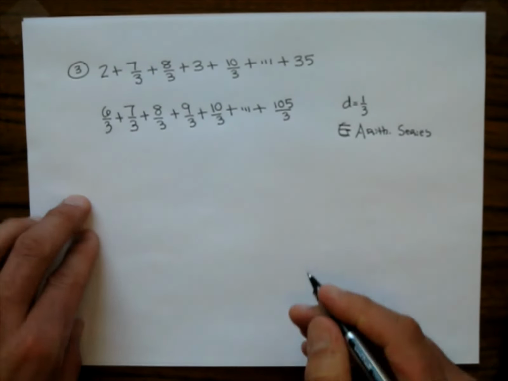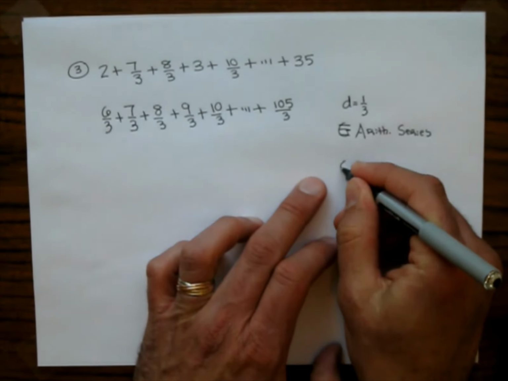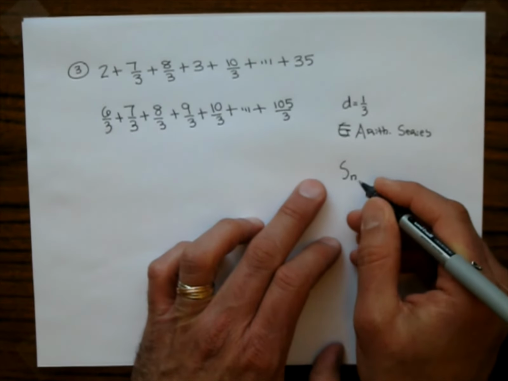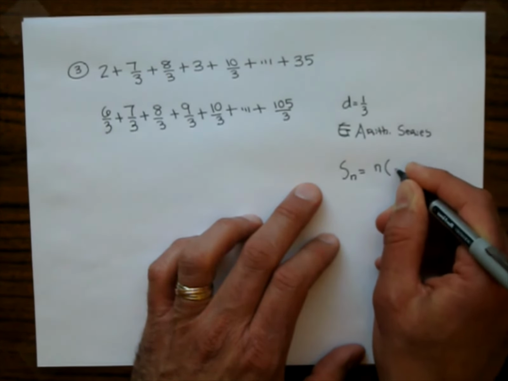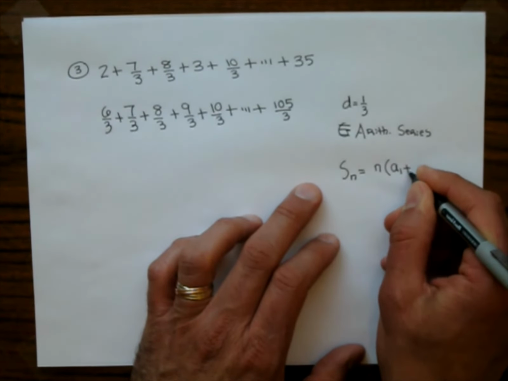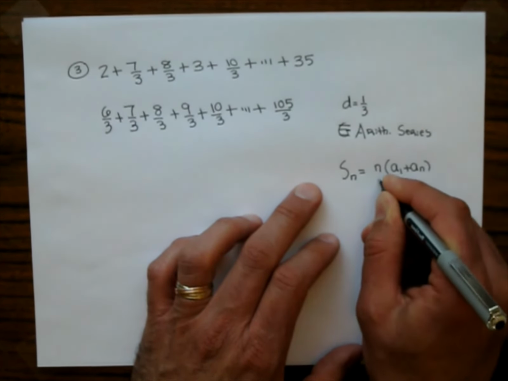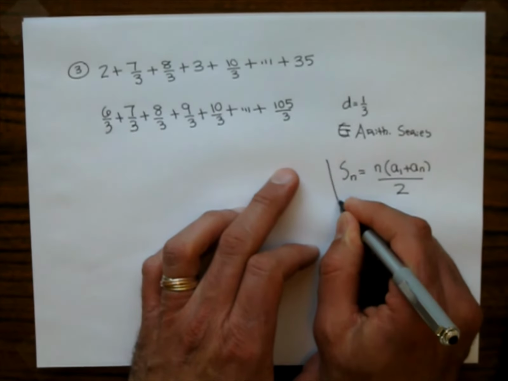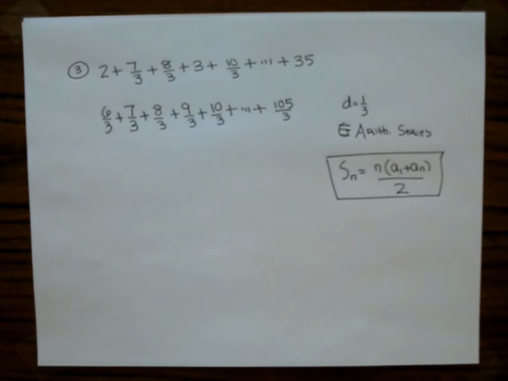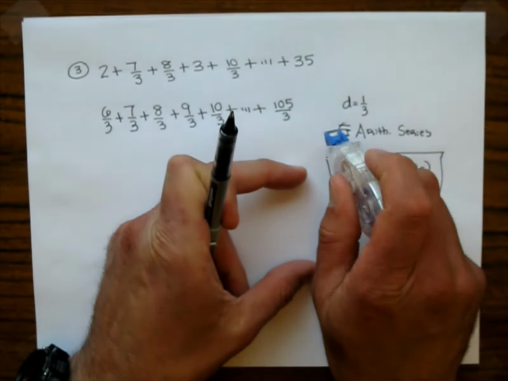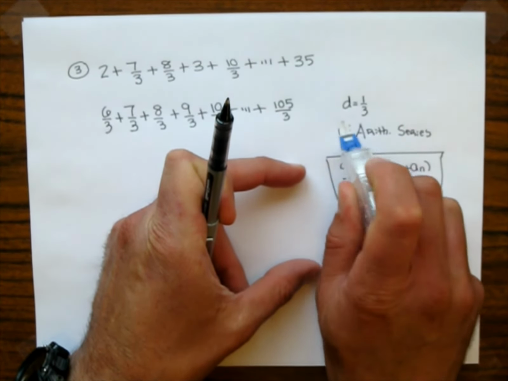And for the arithmetic series, I have this S sub n equals n times (a sub 1 plus a sub n) all over 2.